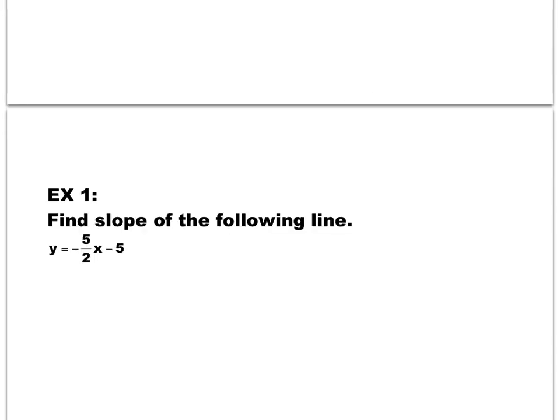Okay, the first problem: find the slope of this line. As I said, this equation is in slope y-intercept form because y is already isolated. Now, look at the number which is the coefficient of x. As you can see, it is -5/2. So I'm going to say the slope is -5/2.